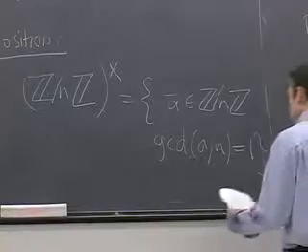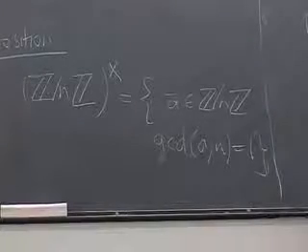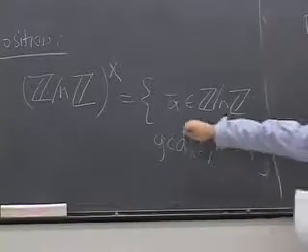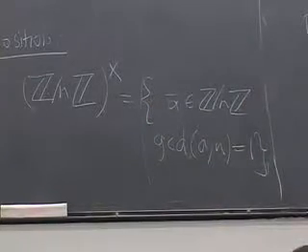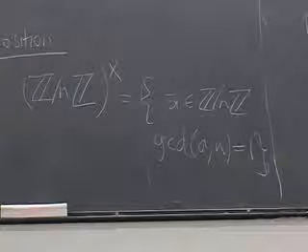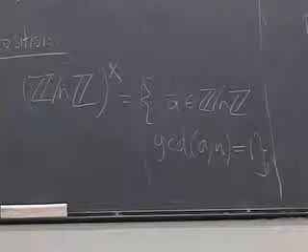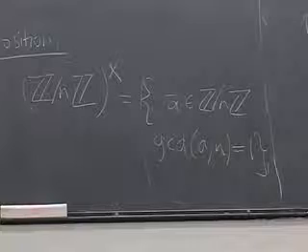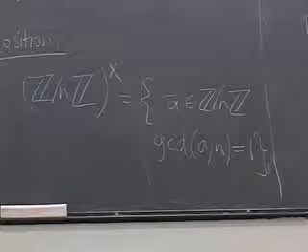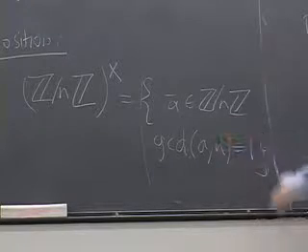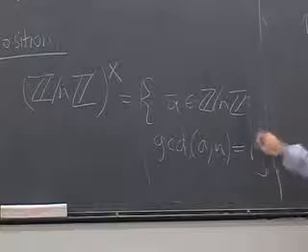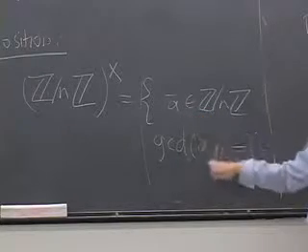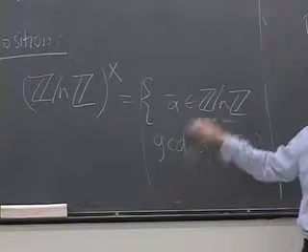Well, there is one subtle point here. What would be a subtle point in just writing down this set? There's a bit of an issue with writing this down because you'll notice that I'm taking a-bar in Z/nZ on the left part of this, and on the right part, I'm removing the bar.